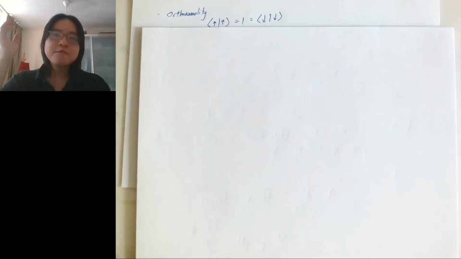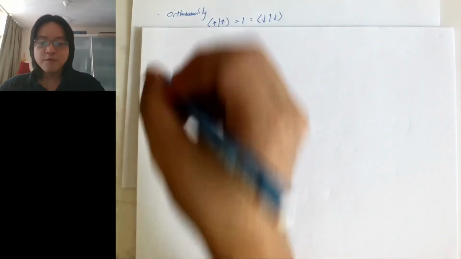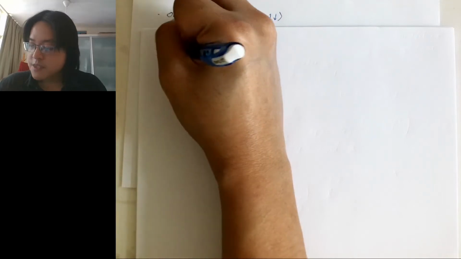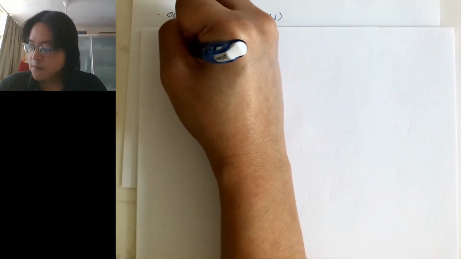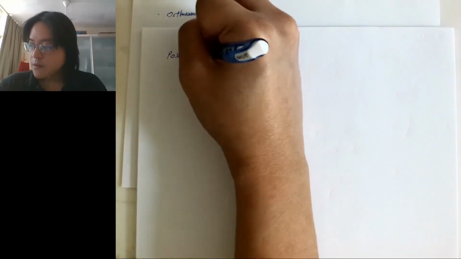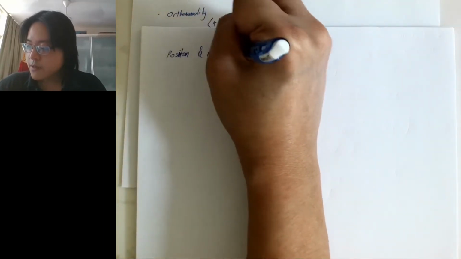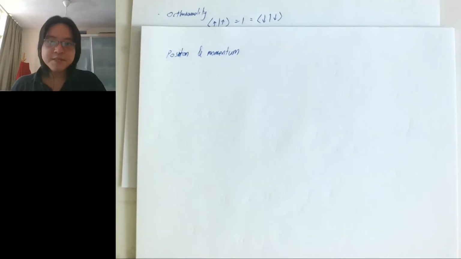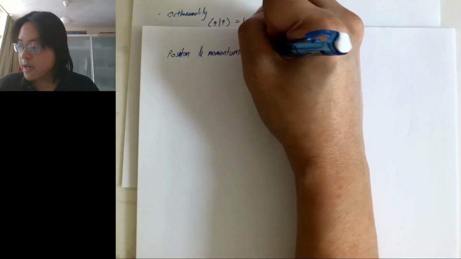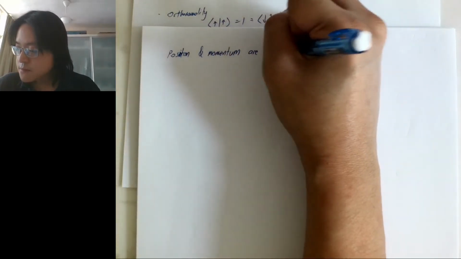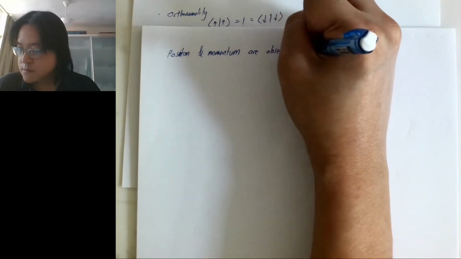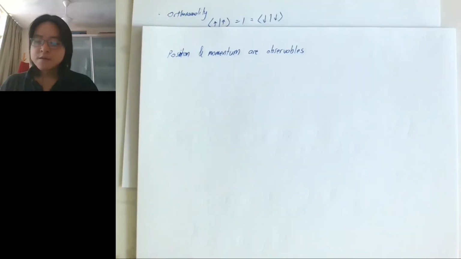So every time since mechanics, since Newton's law, we are always interested in position, and also momentum. So these are your 2 important concepts in physics, right? And therefore they are observables.